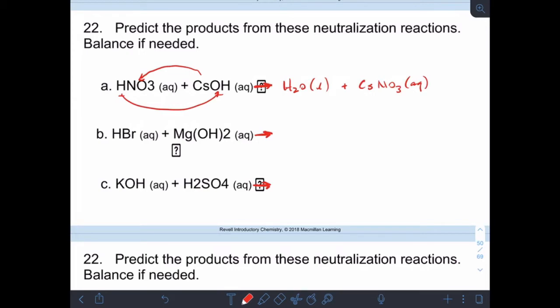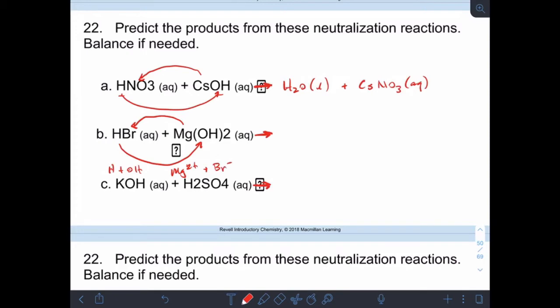Okay, so let's treat the second one the same way. Let's take the hydrogen, put it with the OH, and take the magnesium and put it with the bromine. Okay, and we're going to have H plus OH, and we're going to have Mg2 plus Br minus.